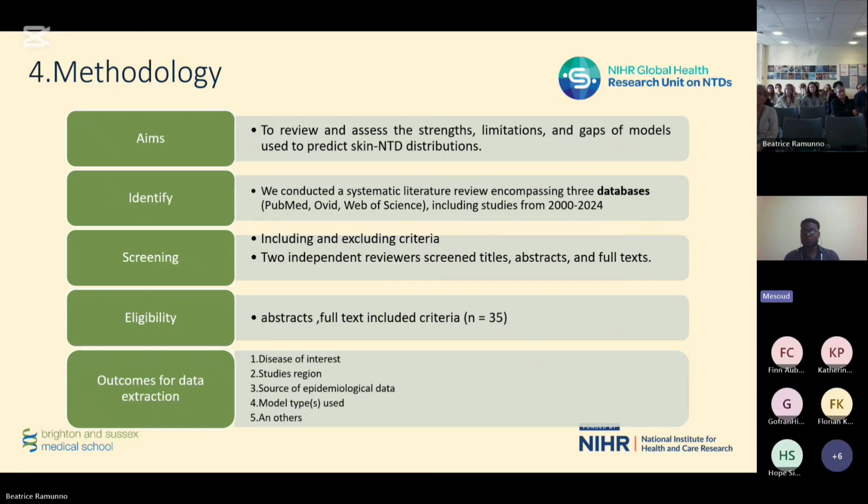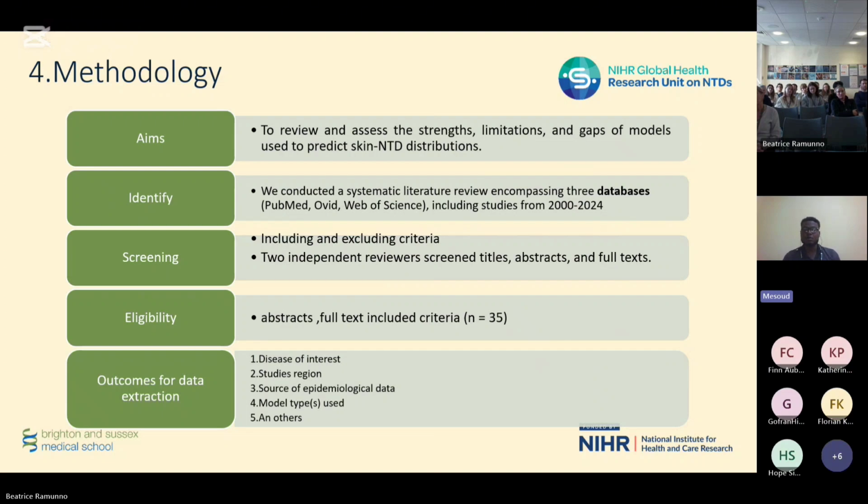For screening, we built our inclusion and exclusion criteria, and two independent reviewers screened title, abstract, and full text. We found 35 studies that met our inclusion criteria.